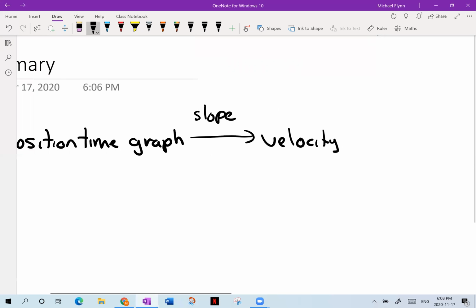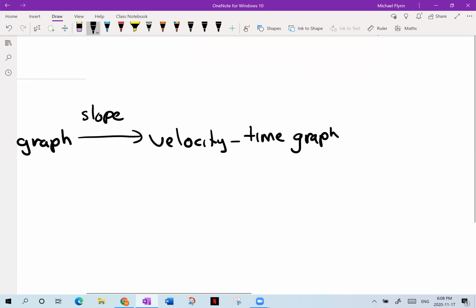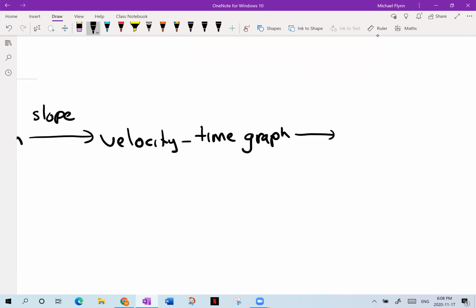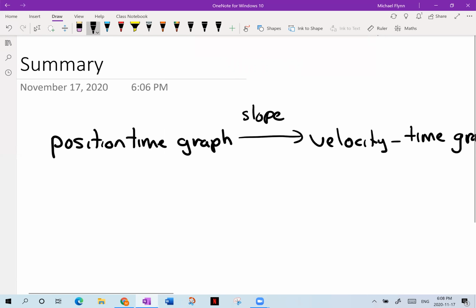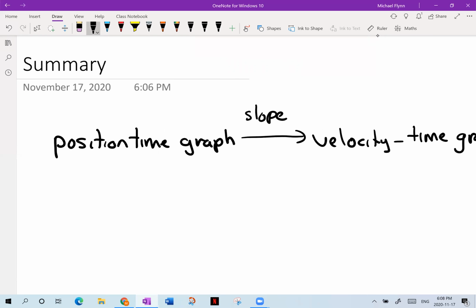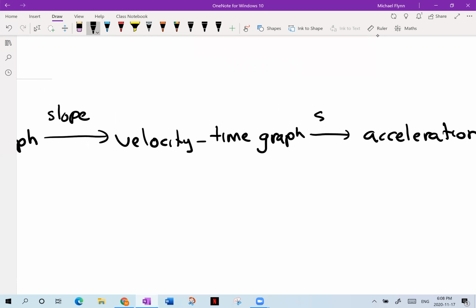Now, if you have a velocity time graph, and you take the slope of that, it gives you the acceleration. So velocity is the rate of change in position, and when we take slope, we find the rate of change in something.